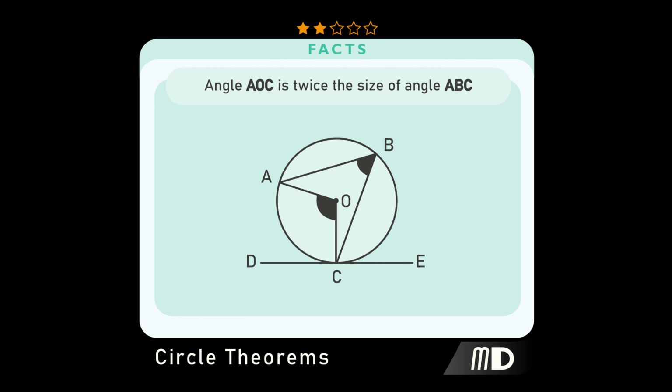This diagram shows that the angle made at the center of a circle is twice the size of the angle made at the circumference when they originate from the same 2 points, A and C. In the context of our diagram, that means angle AOC is twice as large as angle ABC.